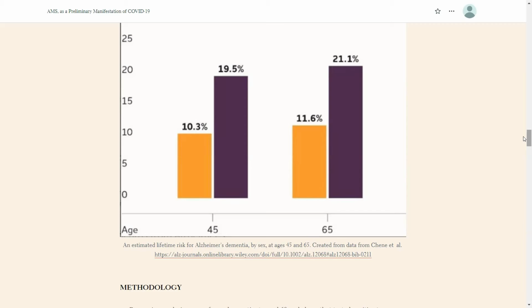It gives us a loophole to know that there is another way to check for COVID-19, especially in the elderly, because altered mental status is hardly prevalent in the young population, but it's mostly prevalent in the elderly population.